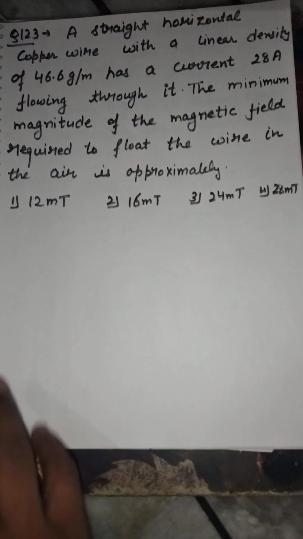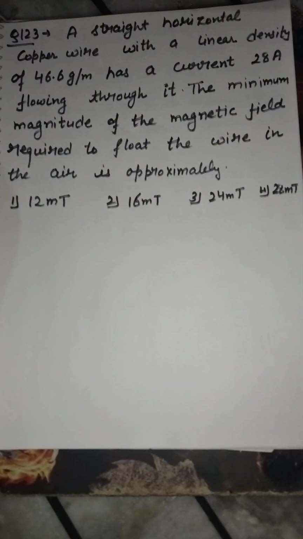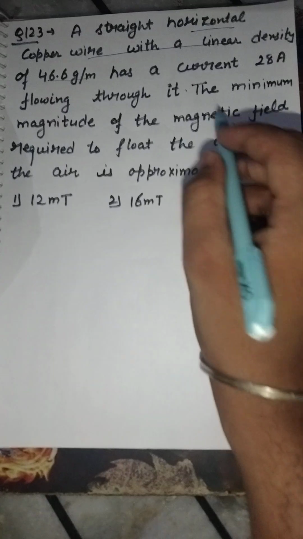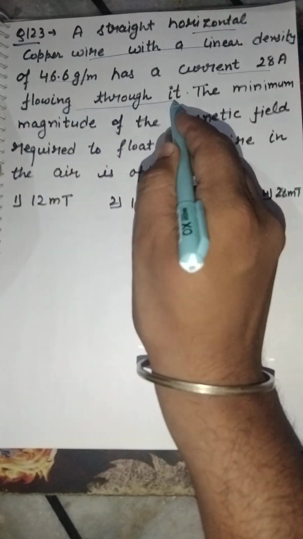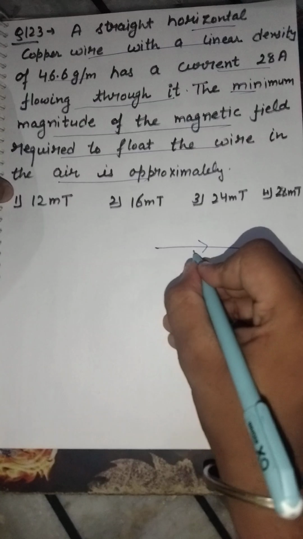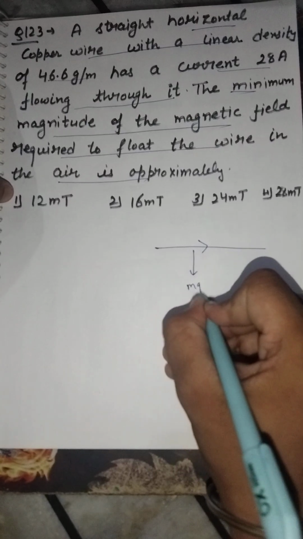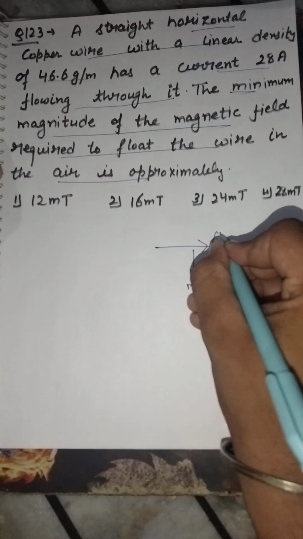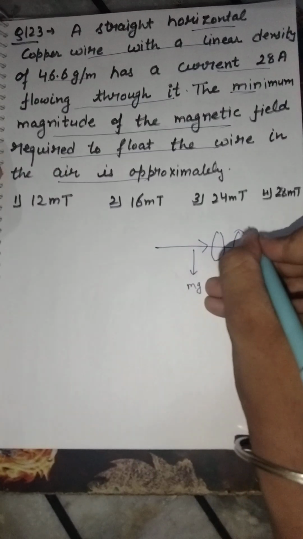Next is question number 123. In this, a straight horizontal copper wire has linear density 46.6 gram per meter and a current of 28 ampere flowing through it. What is the minimum magnitude of magnetic field required to float the wire in the air? Let we have a wire carrying current. Its weight mg acts downward, and the current carrying wire has a magnetic field.